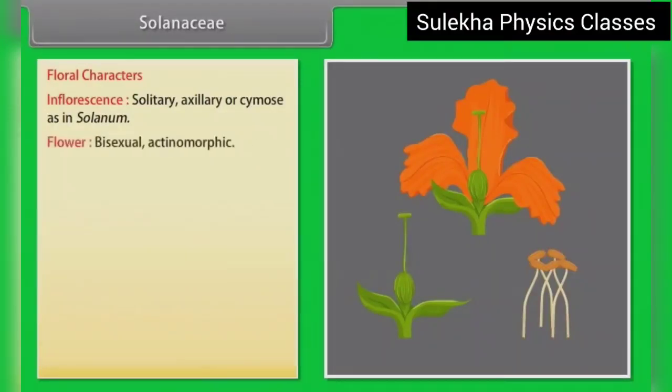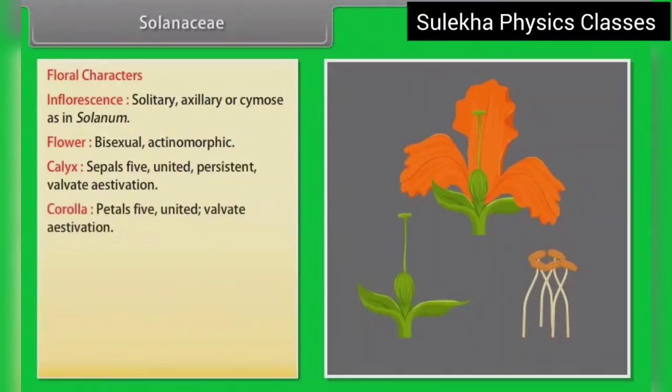Flower bisexual, actinomorphic. Calyx sepals 5, united, persistent, valvate aestivation. Corolla petals 5, united, valvate aestivation. Androecium, stamens 5, epipetalous.